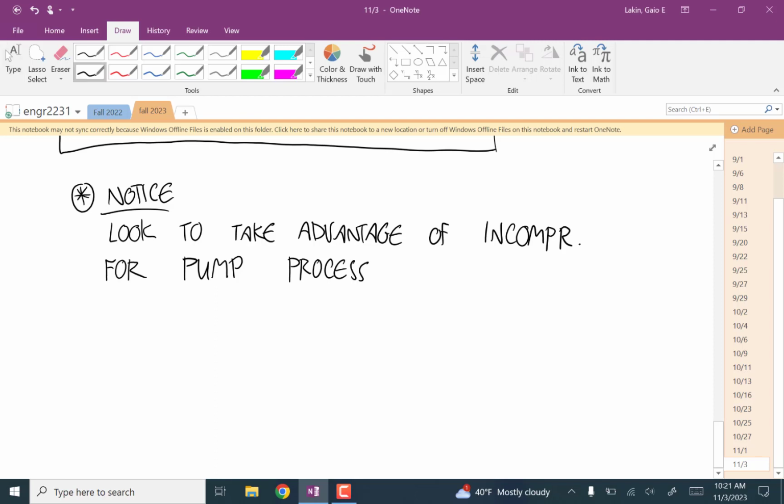Okay, and then the last one is going from state 4 to state 1. This is an isobaric process through the boiler.